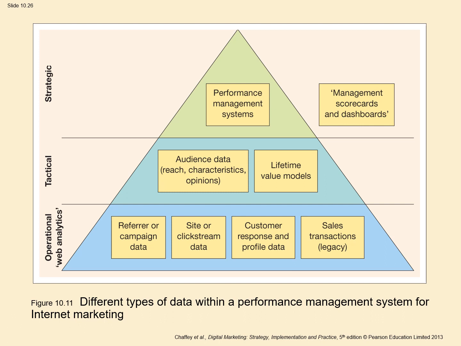You can check different kinds of metrics here: for operational web analytics, you can check the referrer, campaign data, clickstream data, and customer response, while on the tactical level, you can check the audience data, the characteristics, the demographic side, and the lifetime value model. On the strategic part, you can check the performance management system overall.